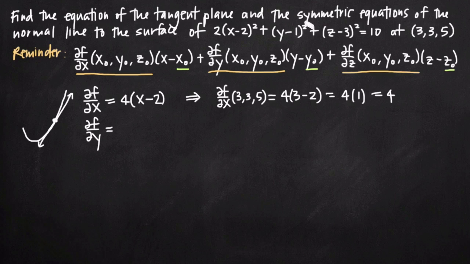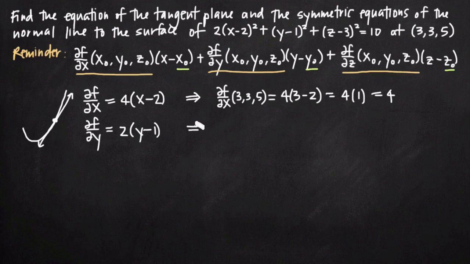So again, power rule with chain rule, we bring the exponent down in front and we get 2 times y minus 1. We ignore that inner function. Subtract 1 from the exponent, 2 minus 1 gives us 1 for our new exponent. And then we have to multiply by the derivative of the inside function according to chain rule. But the derivative of y minus 1 is just 1, so it's redundant really to multiply this by 1. We don't actually have to write that down.